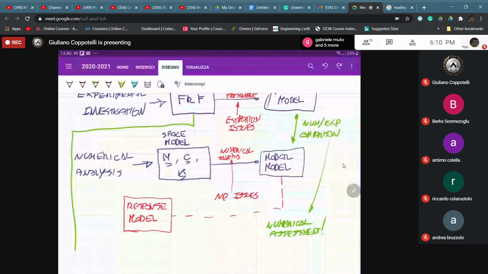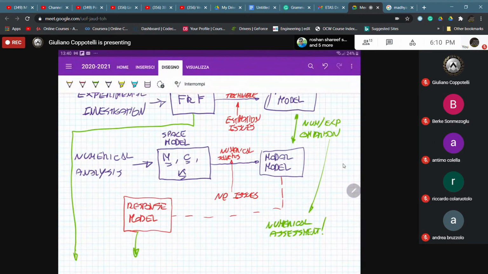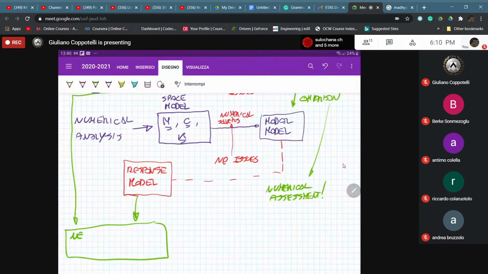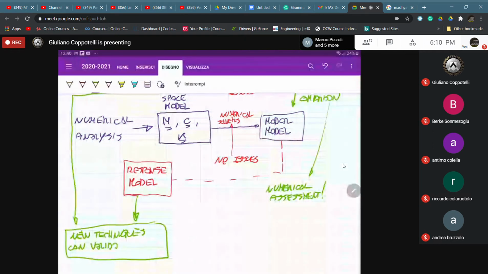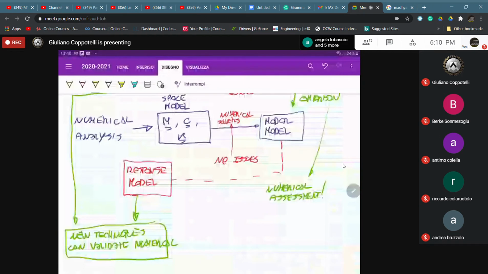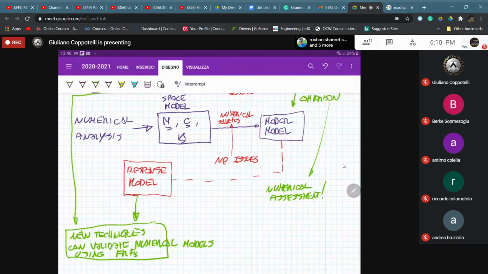Okay. So new techniques can validate numerical models using FRFs. Okay, and that is quite new.